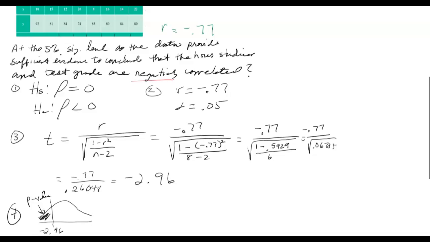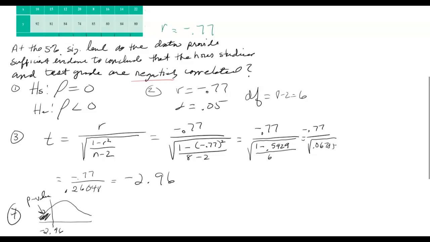One of the things you should check up here in number 2, of course, because we are running a t-test, we do need degrees of freedom, which is n minus 2. So that is 6 degrees of freedom. So go to your t-chart, look up 6 degrees of freedom, and see where 2.96 would fall on that chart.